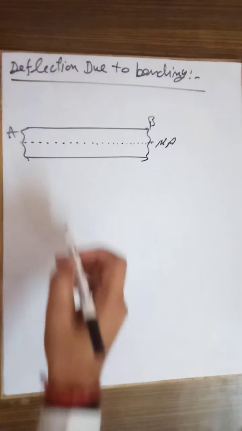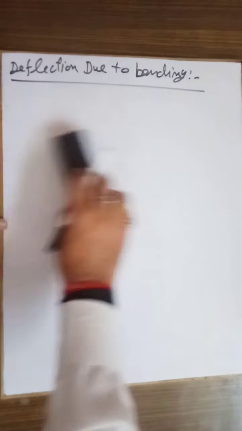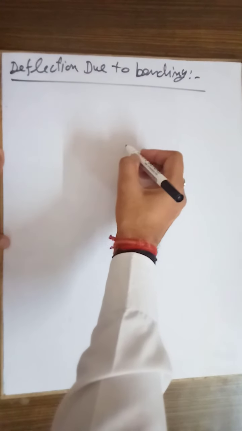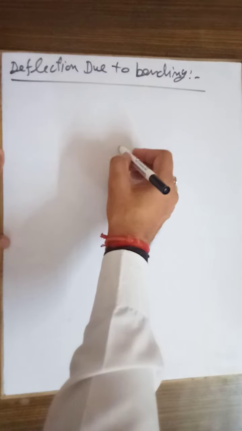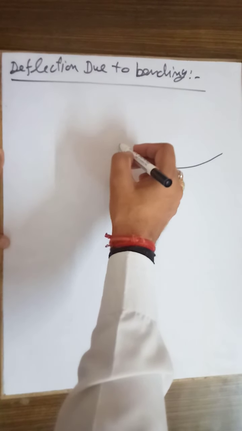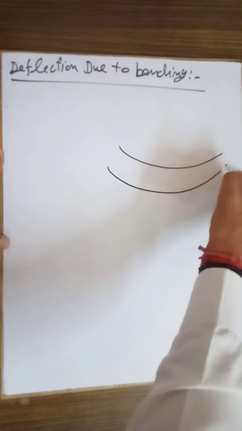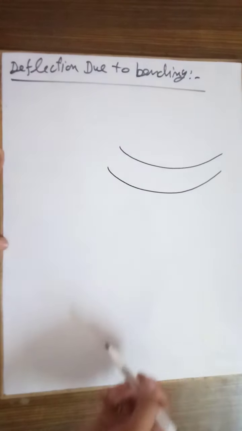So let me draw the bending segment of this beam. What kind of structure will you have? Now if the beam is bent, then it will be like this. This is the one segment we are considering.